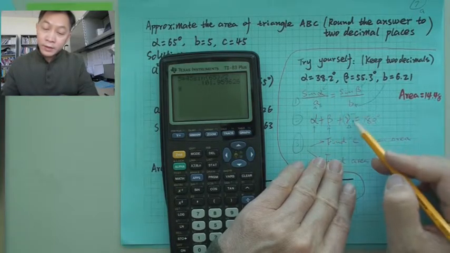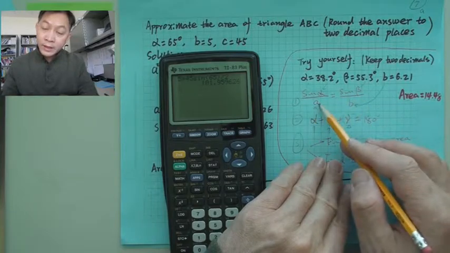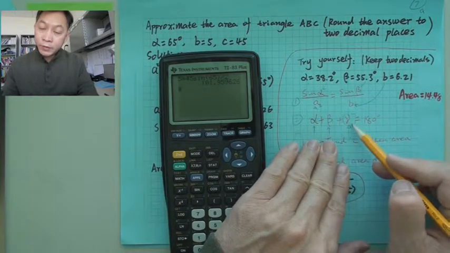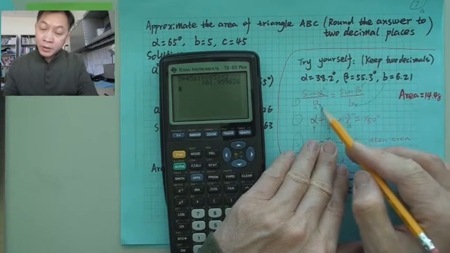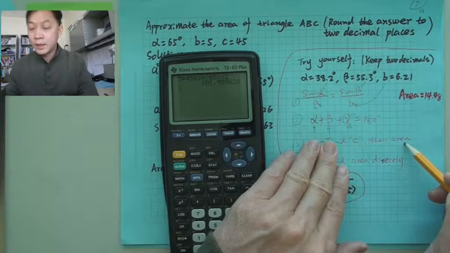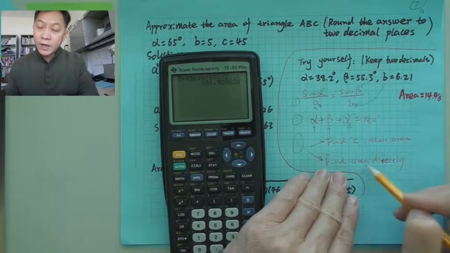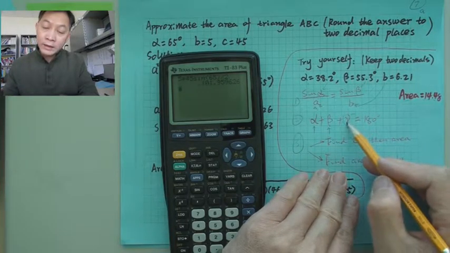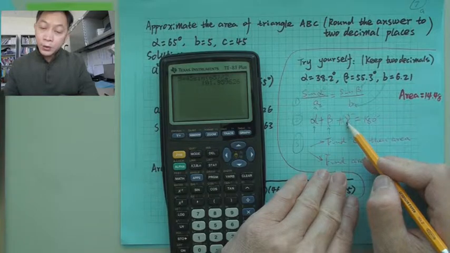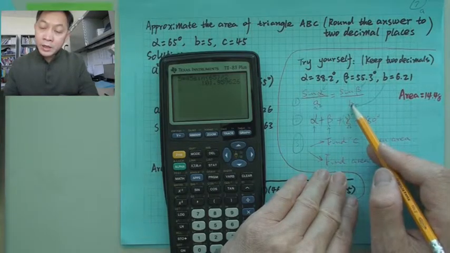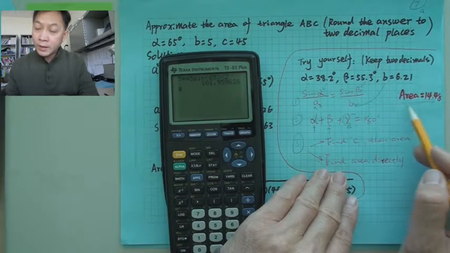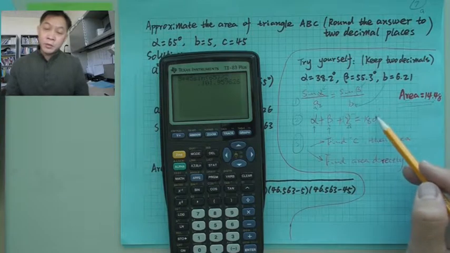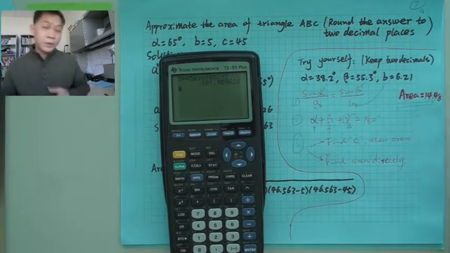Or you find out the area directly. If you have gamma, then A times B times sine gamma, divided by 2 will be the area. So there are many different approaches to do this one. Try this one yourself.